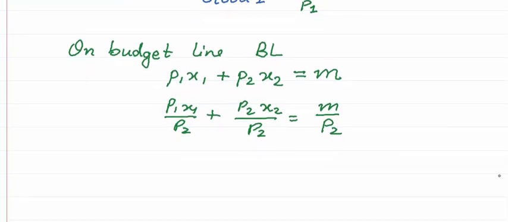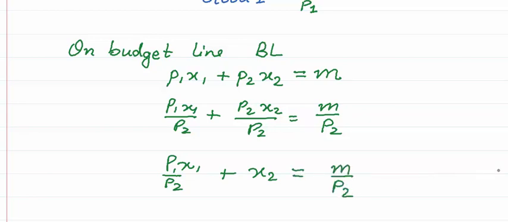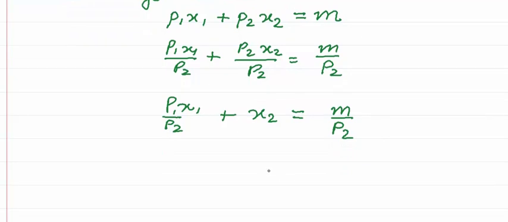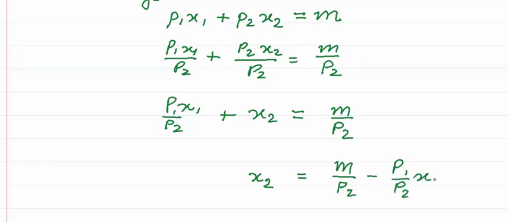Again, we can write P1 x1 by P2 plus x2 is equal to M by P2. From here, we can calculate x2, or the quantity of good 2 consumed by the consumer, which is equal to M by P2 minus P1 by P2 times the quantity of good x1.